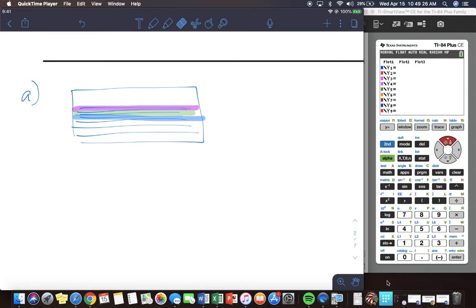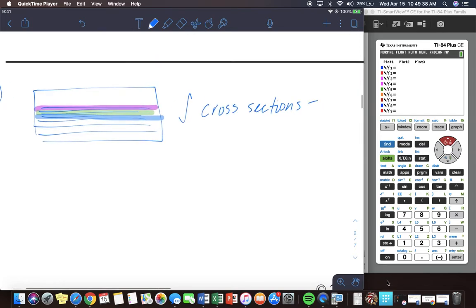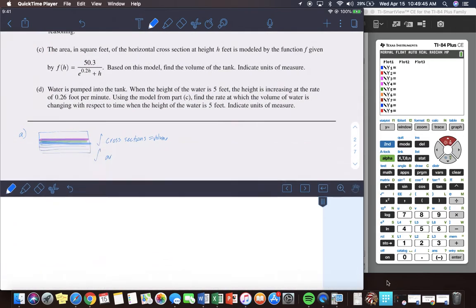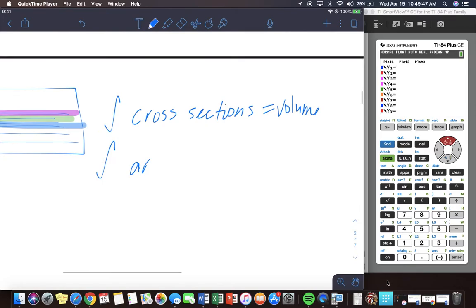So we could use an integral of each of these cross sections, and that would tell me the volume. If I take the integral of all the areas, the dx being the depth, and the areas would be length times width.